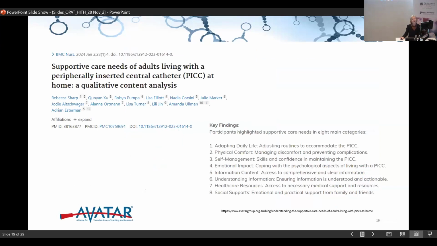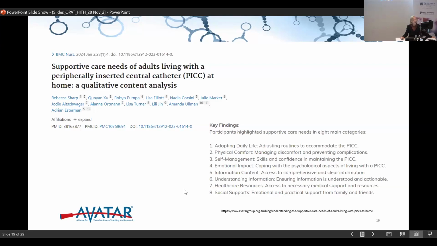And there was a study done in South Australia, just published in January this year, and there are colleagues in Queensland that were involved in this as well. It looked at the supportive care needs of the patient in the home, and what the key things are that they need. If you're not familiar with AVATAR, it's the Alliance for Vascular Access Teaching and Research.